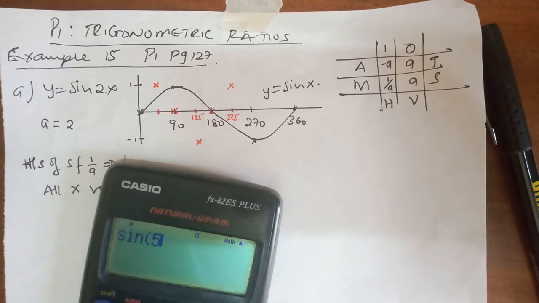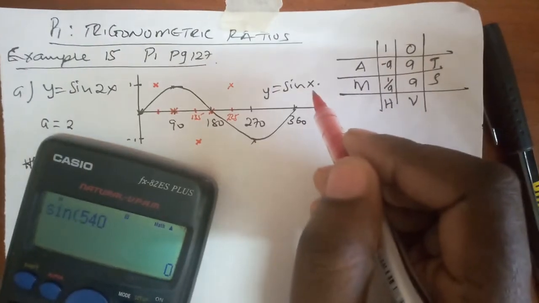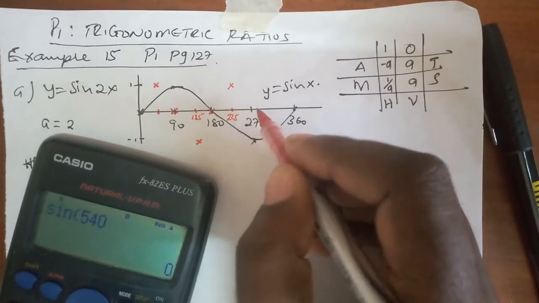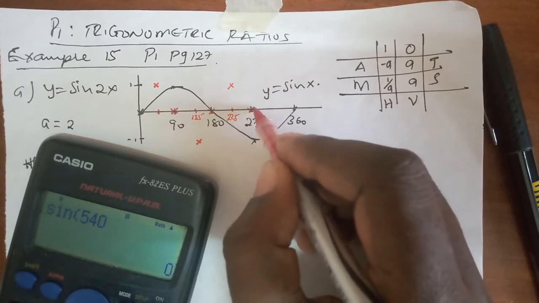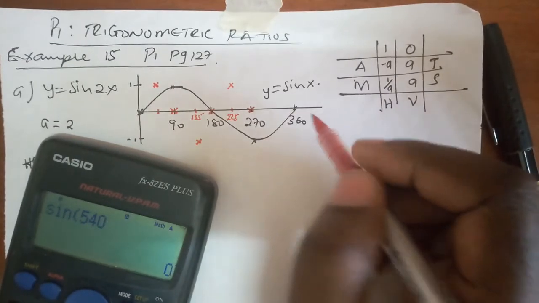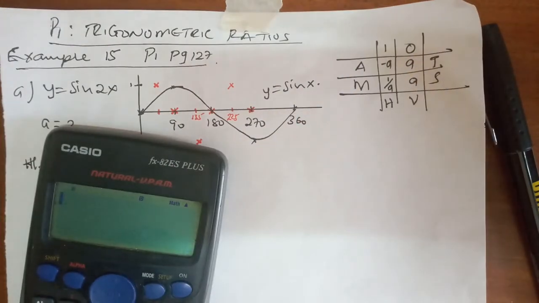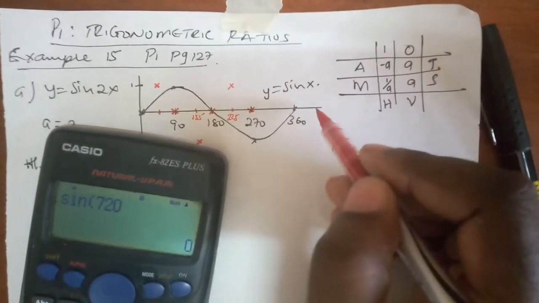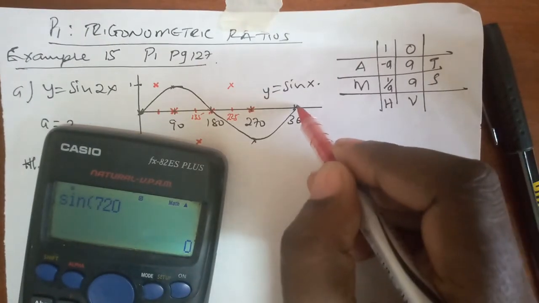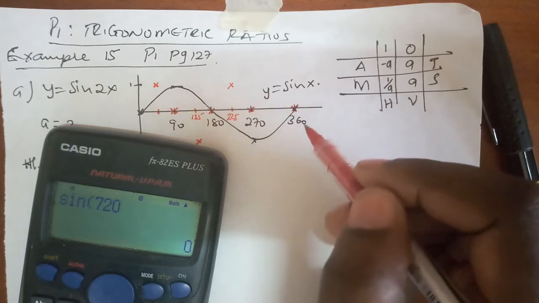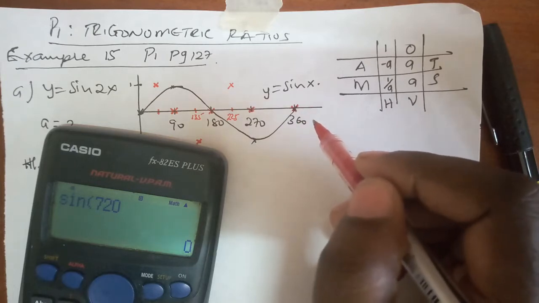The sine of 540 is 0, and 540 divided by 2 is 270, and y doesn't change at all. The sine of 720 degrees is 0, and 720 divided by 2 is 360, so y doesn't change.